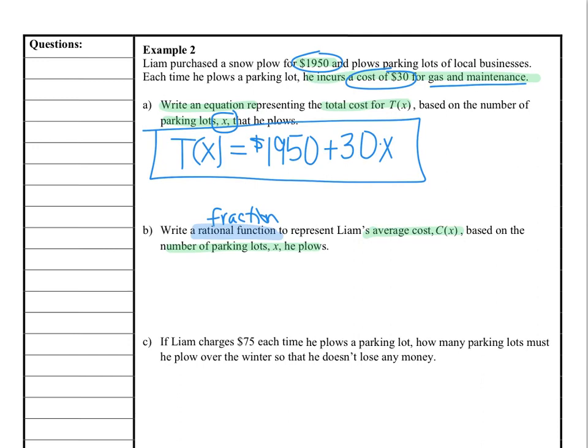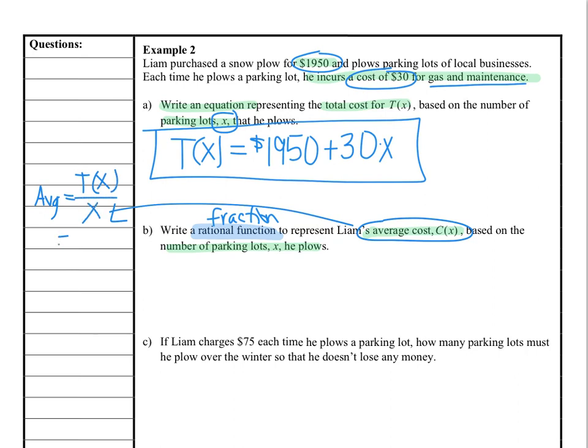So I'm going to write a little note off to the side that whenever we're determining average cost, average cost is always going to equal the total cost of whatever it is, divided by x.